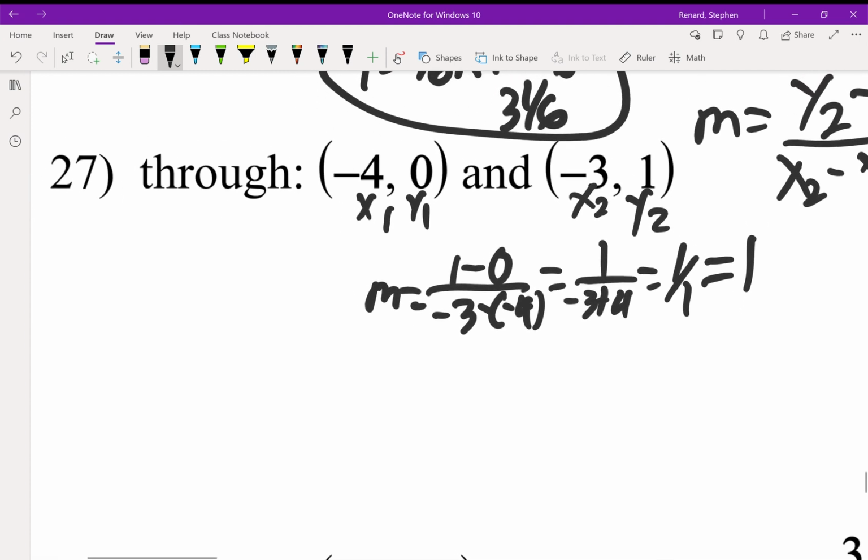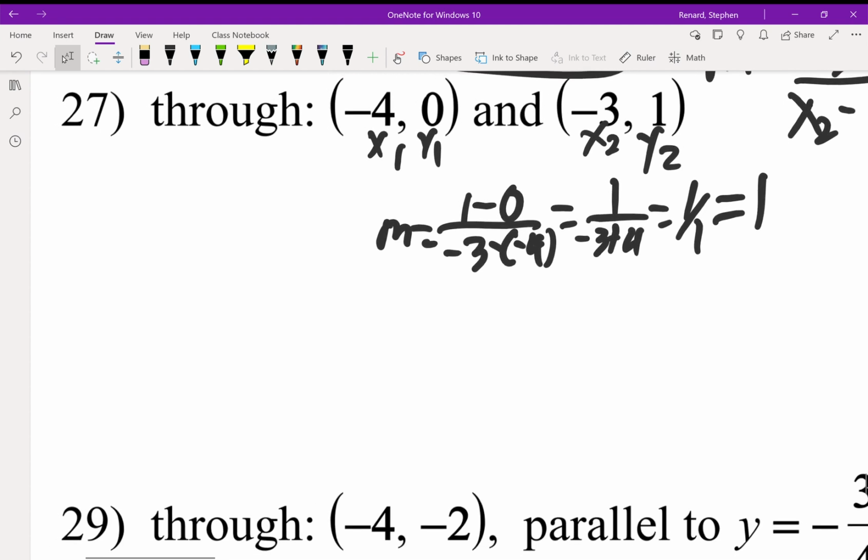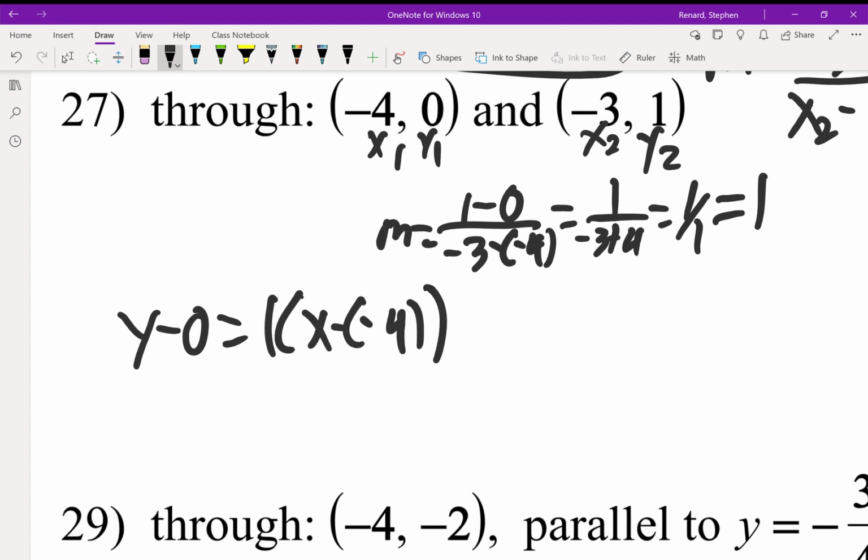Okay, so now we need to pick one of the points as point slope and then solve. Again, I'll do this twice just to show everyone that it really doesn't matter which point you pick. If I pick the first one, y minus 0 is y, equals 1 times x plus 4, or y equals x plus 4.